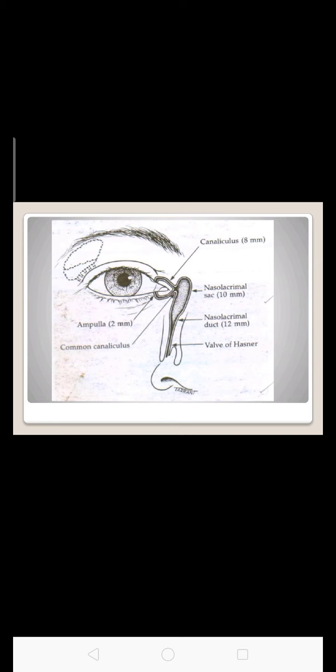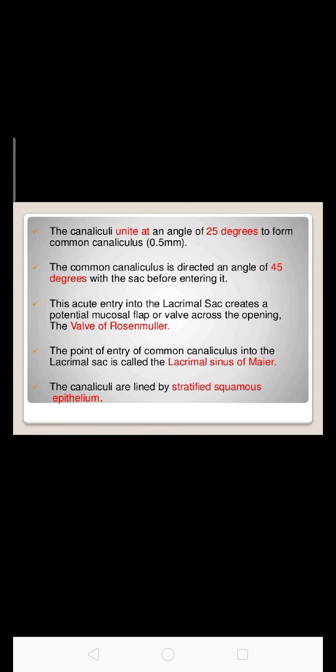This acute entry into the sac creates a potential mucosal flap or a valve across the opening, and this is called the valve of Rosenmuller.